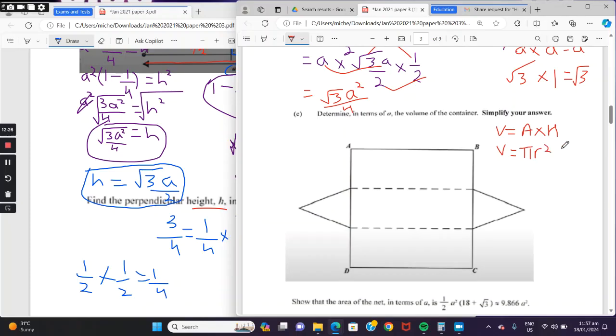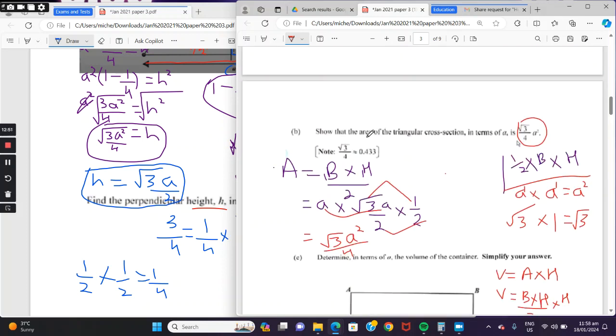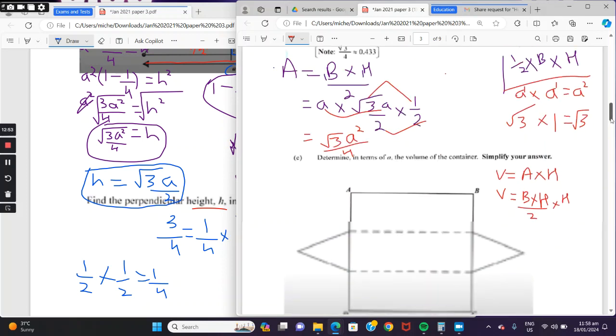Wait, no, that's the wrong thing. A cylinder is pi r squared because the cylinder has a circular cross section. Here it is the area of the triangle, which is base by height over 2, by the height again, right? Now, if you were paying attention, you would realize we just found the area of the triangular cross section.